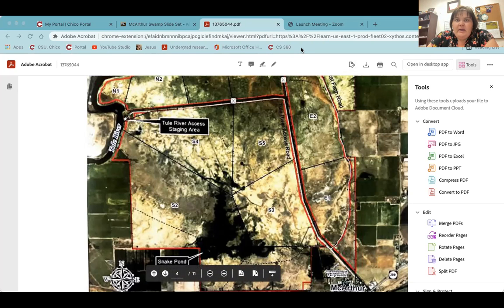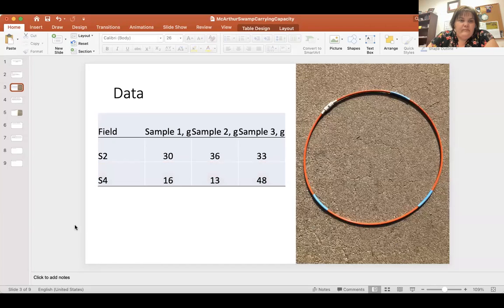let's go ahead and switch gears and go back to the slide set. Okay, so now that we know the steps to calculating stocking rate and carrying capacity, and we have the data in place, what do you think our next step is going to be?